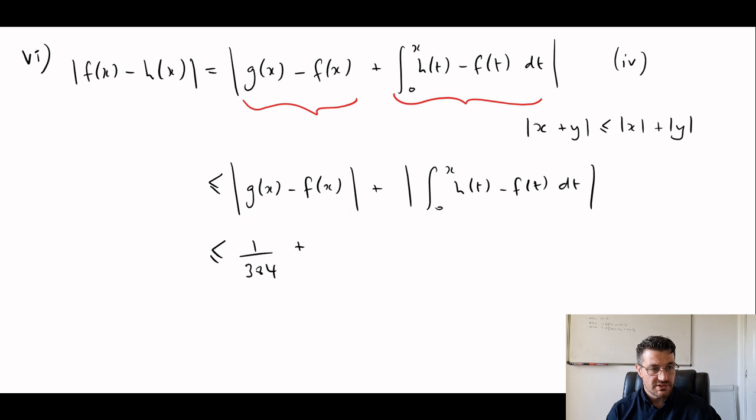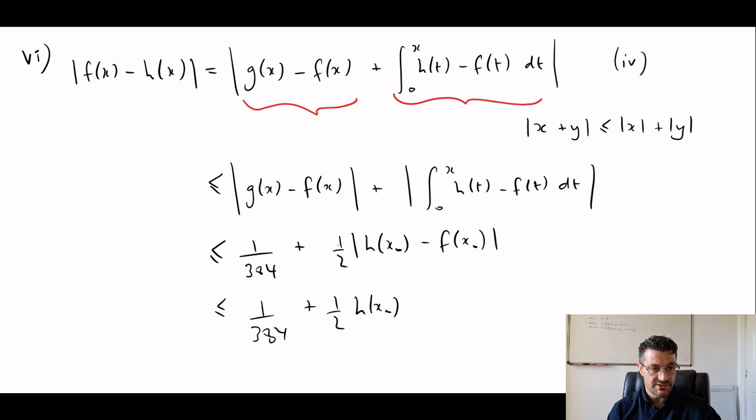Plus, we've also shown that the integral from 0 to x of h of t minus f of t dt is less than or equal to a half, and it's going to be the modulus of h of x naught minus f of x naught, which I can actually just write as, get rid of the modulus, h of x naught minus f of x naught.